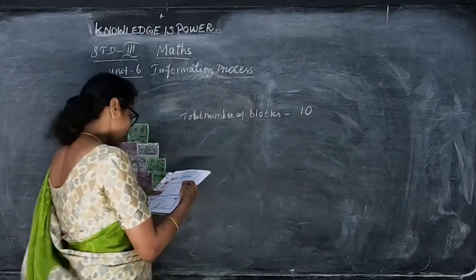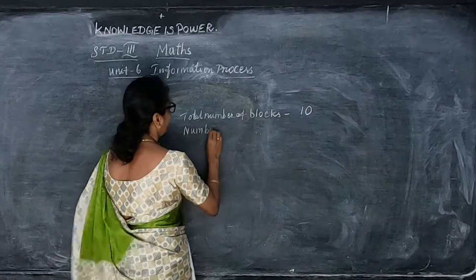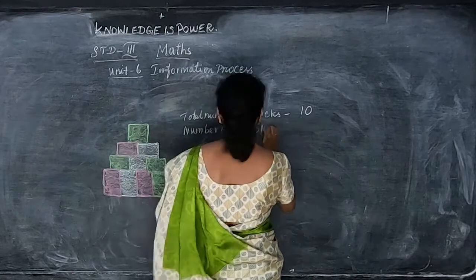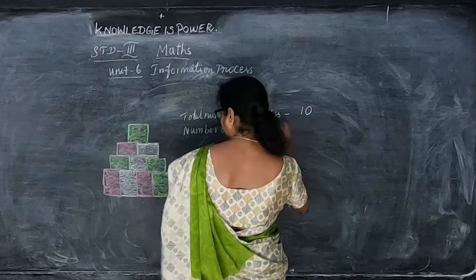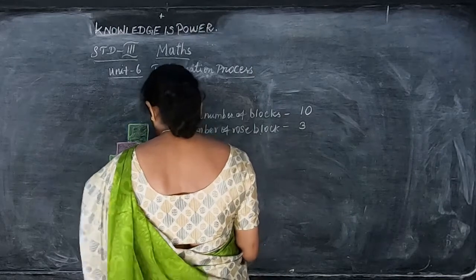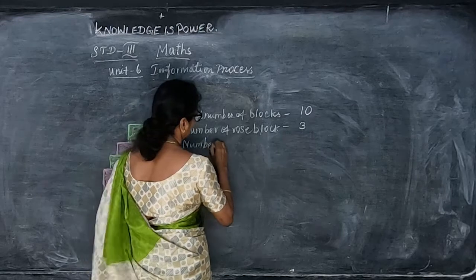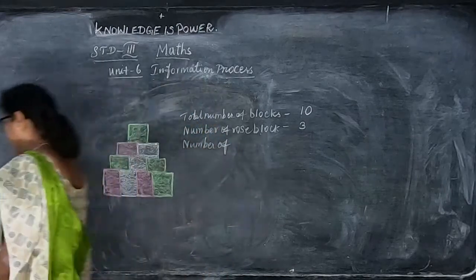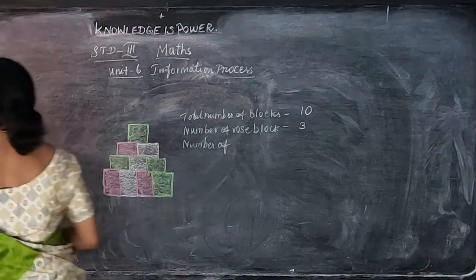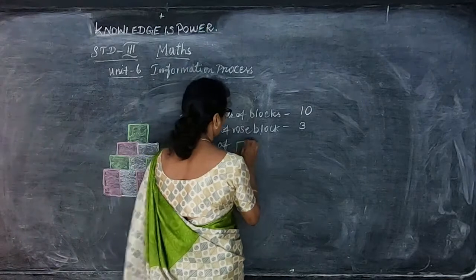Okay. And then number of rows of blocks. How many blocks are there in rows? I think it's 1, 2, 3. And then number of green blocks.